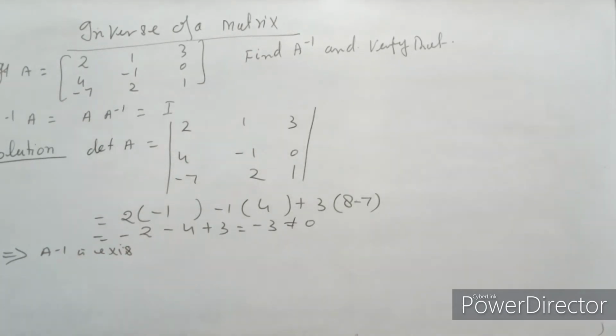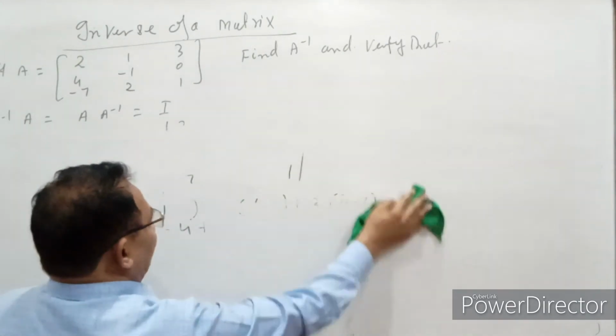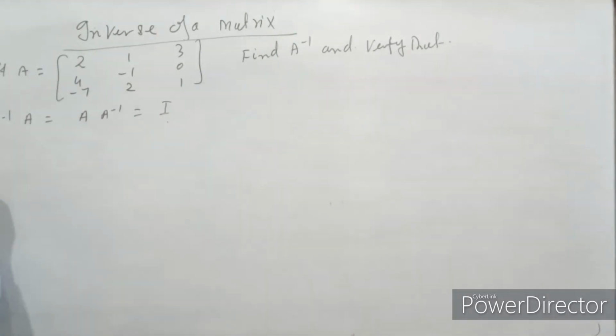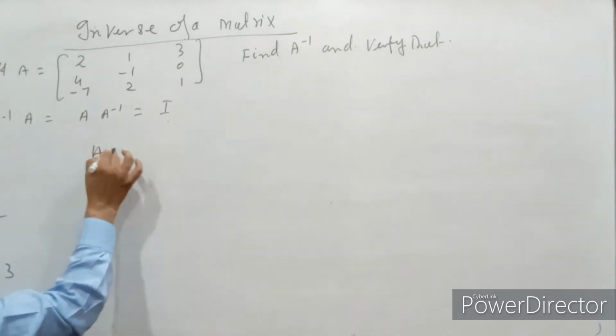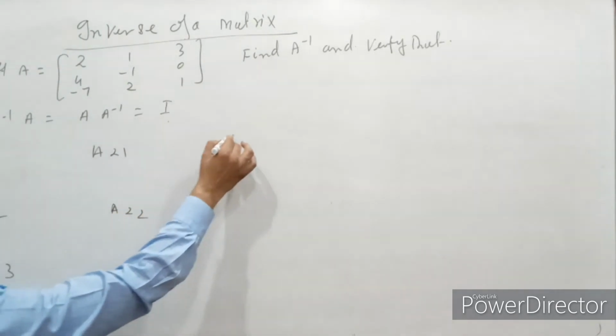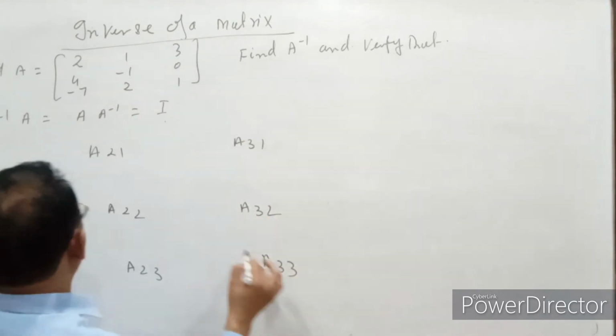Now we find here the cofactor of this matrix. देखिए, इसके cofactors कैसे निकालेंगे. We find the cofactor of the matrix, that is A11, A12, A13, A21, A22, A23, that is A31, A32 and A33.